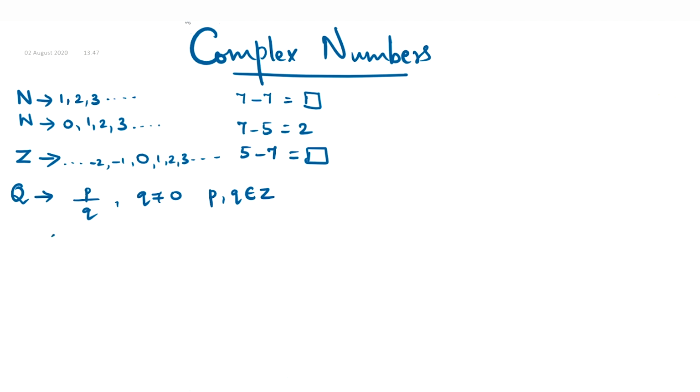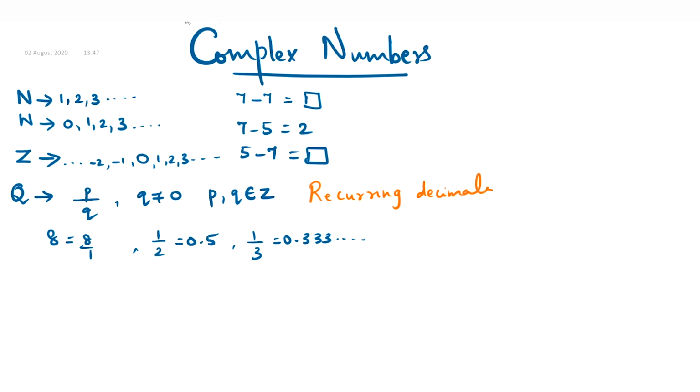Example, I can write 8 as 8 by 1, 1 by 2 as 0.5, and 1 by 3 as 0.333, etc. So rational numbers include recurring decimals and terminating decimals.